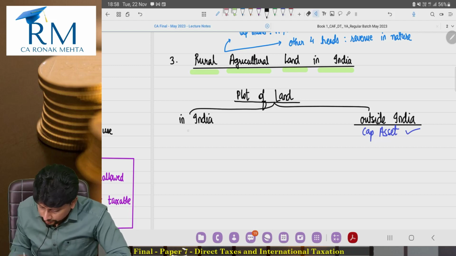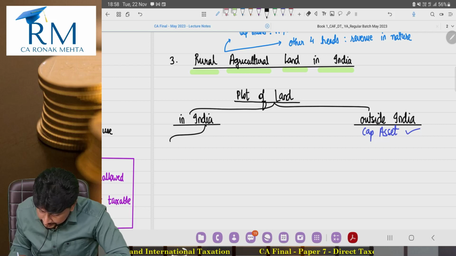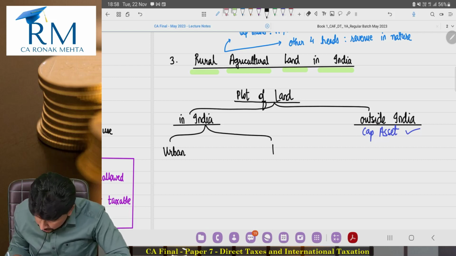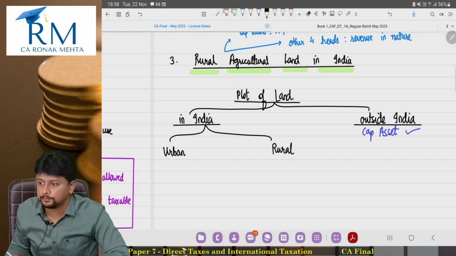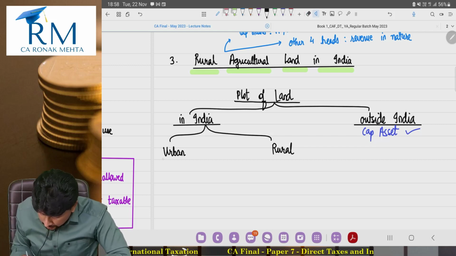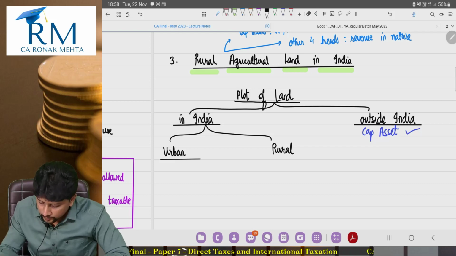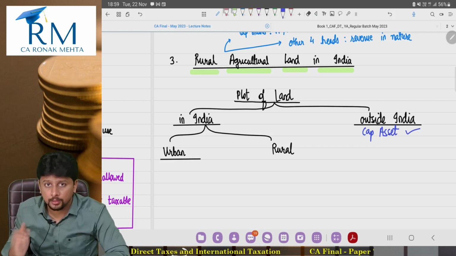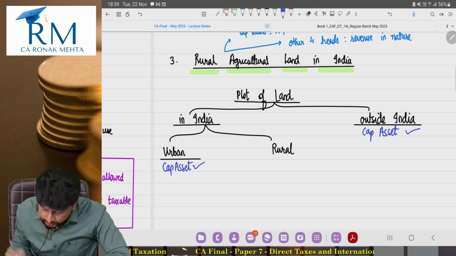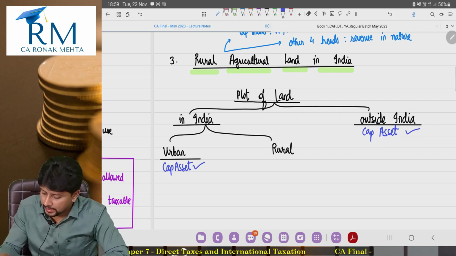If the plot of land is in India, then where is it? So option 1, it is an urban area. Option 2, it is in rural area. If the plot of land is in urban area, then also story gets over. If the plot of land is in urban area, it is a capital asset. The exception is talking about rural, na? This is in urban area. Acha.